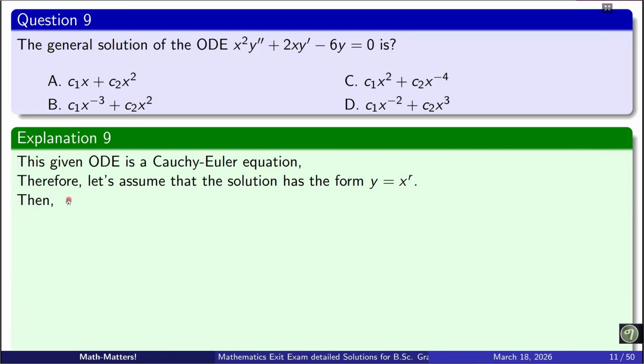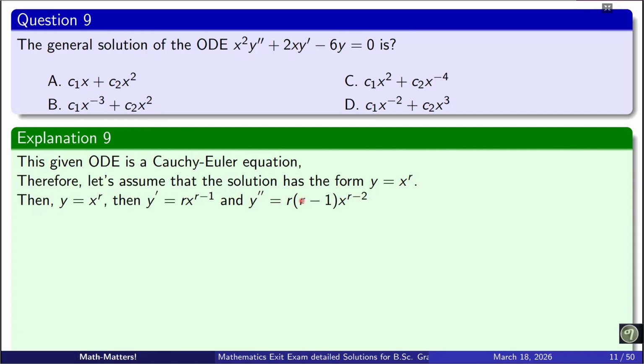And therefore, let's assume that the solution has the form y is equal to x to the power of r. Then, if y is equal to x to the power of r, the y derivative is r times x to the power of r minus 1, and the second derivative of y with respect to x would be r into r minus 1 times x to the power of r minus 2.